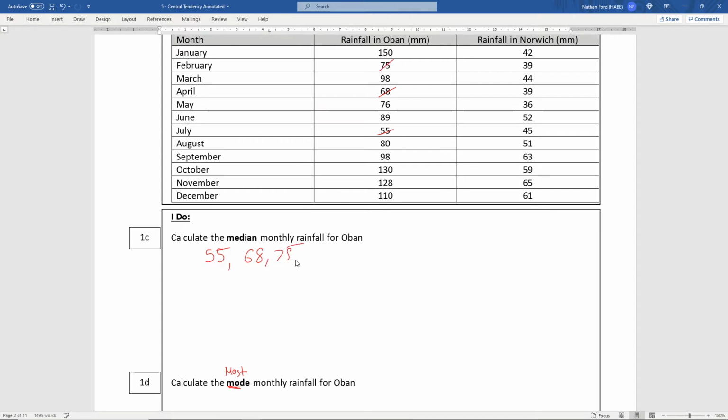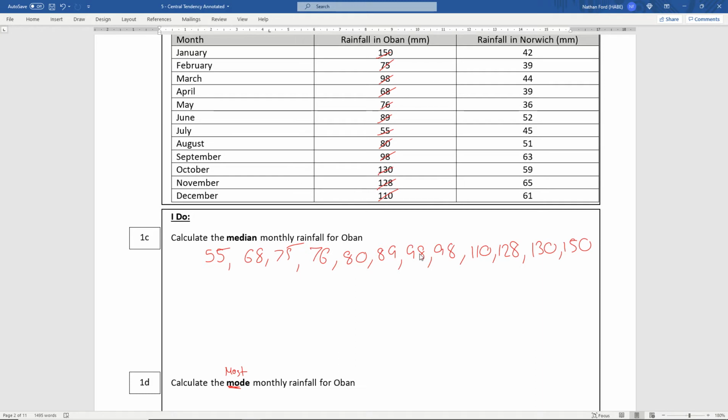The reason I put a cross through it is so I know I've done it. And I check: 1, 2, 3, 4, 5, 6, 7, 8, 9, 10, 11, 12. Good, I haven't missed any out.